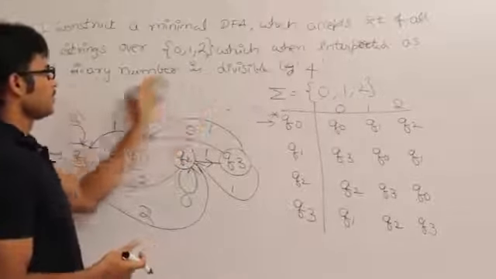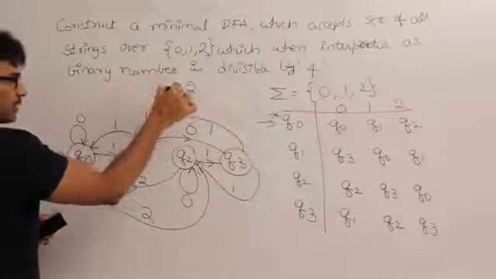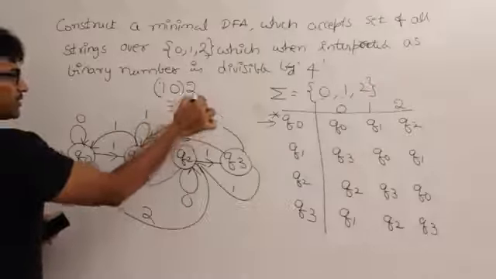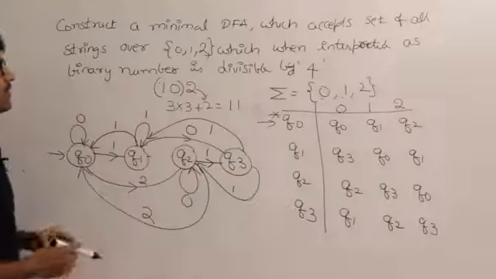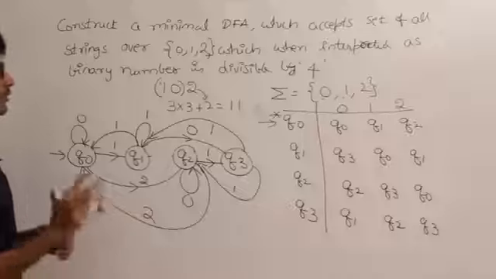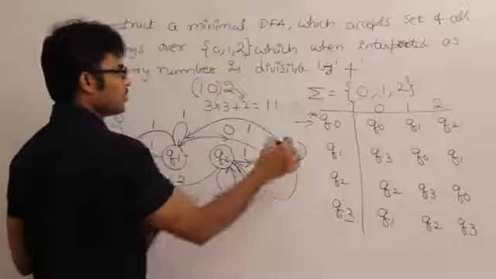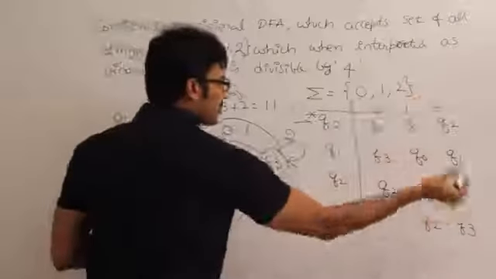And now Q3, which means 1 0, on seeing 2: this entire thing is 3, so it is 3 into 3 plus 2, which is 11. 11 when divided by 4 gives a remainder of 3. Therefore Q3 on seeing a 2 is going to remain here.